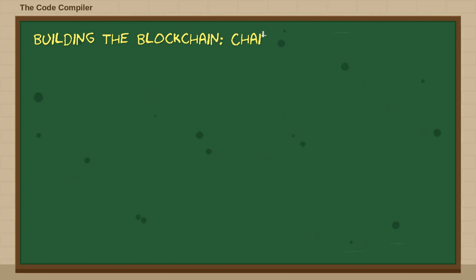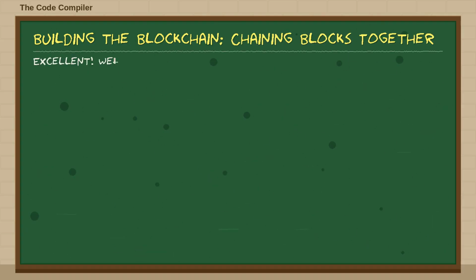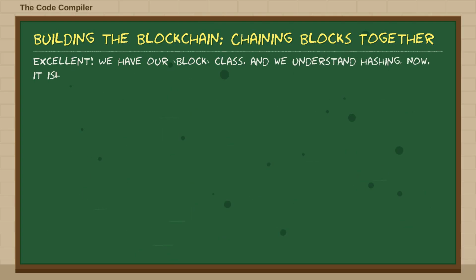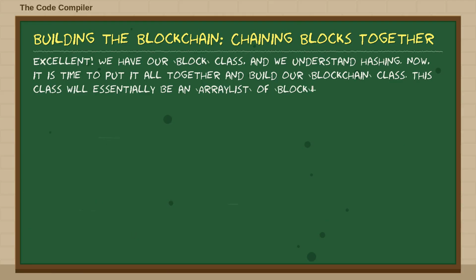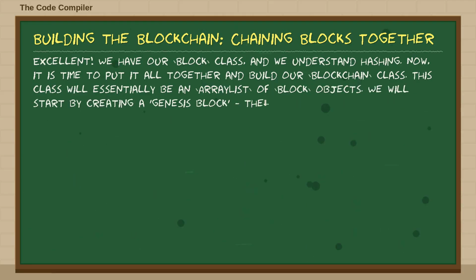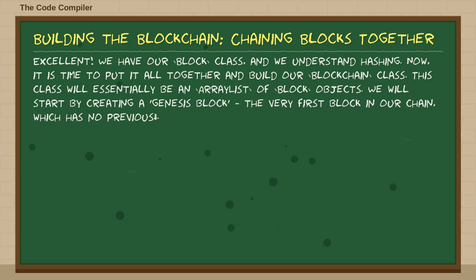Excellent. We have our block class, and we understand hashing. Now, it is time to put it all together and build our blockchain class. This class will essentially be an array list of block objects. We will start by creating a genesis block, the very first block in our chain, which has no previous hash.